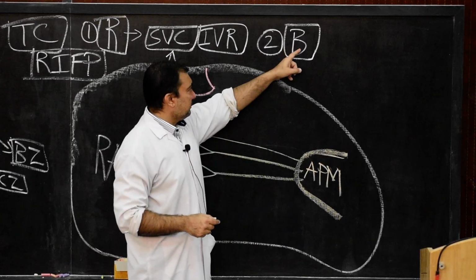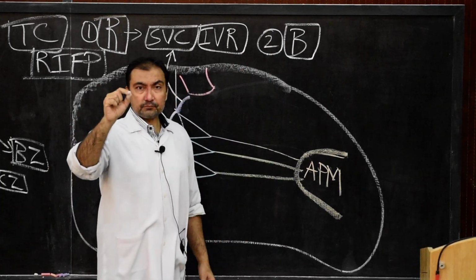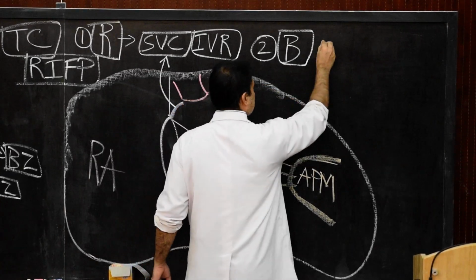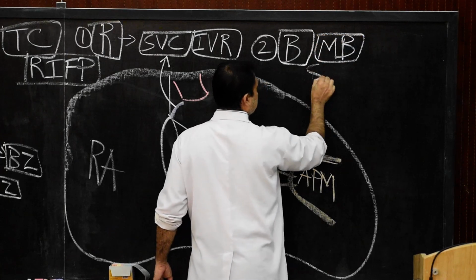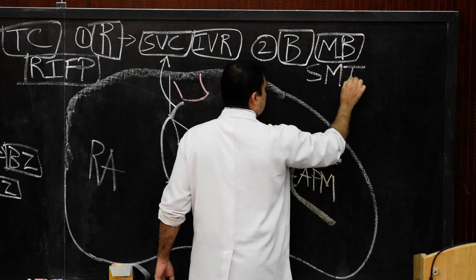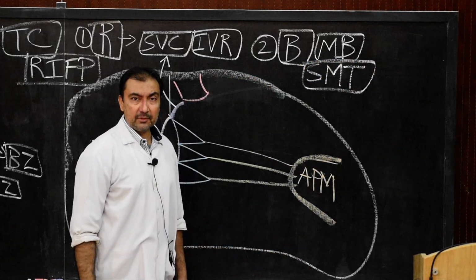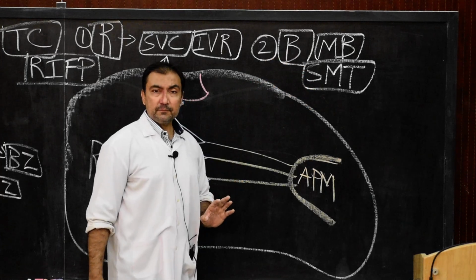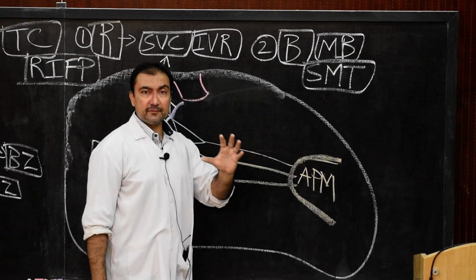Therefore, the important component of the bridges is the presence of the moderator band. It is known as the moderator band, or septomarginal trabecula. The septomarginal trabecula is one of the bridges present in the trabeculae carneae portion of the interior of the right ventricle.